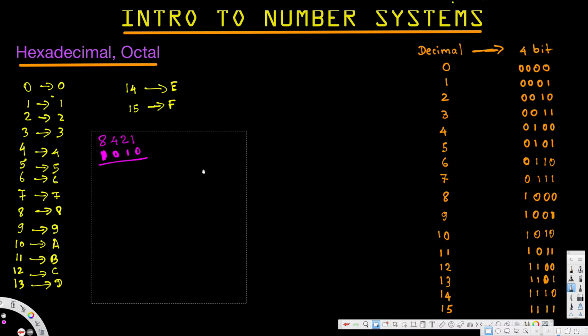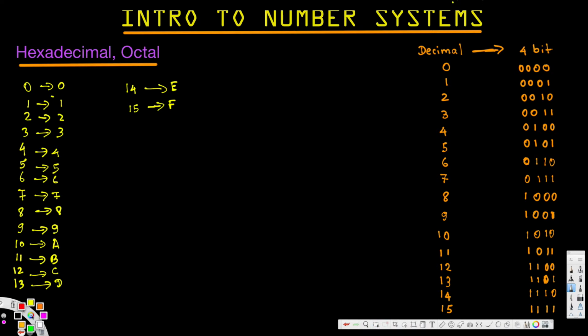Okay, let's say we have a number AB73C5 in base 16, and we want to convert it into base 2. Now let's go ahead and do that.